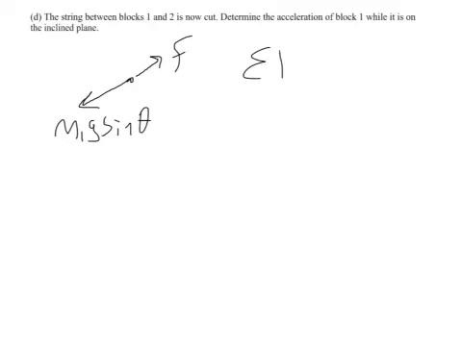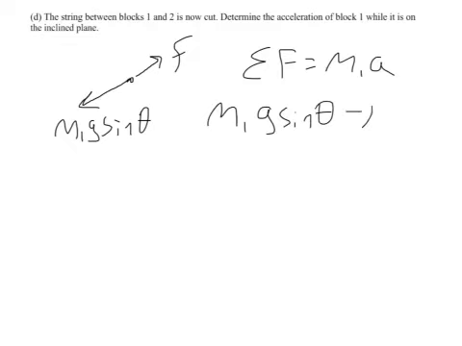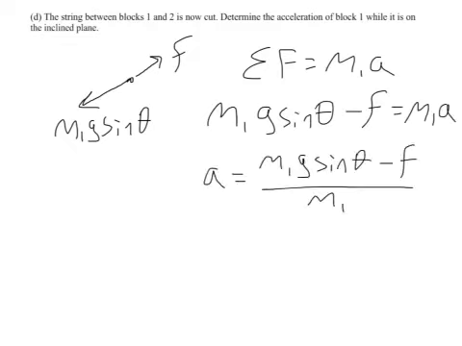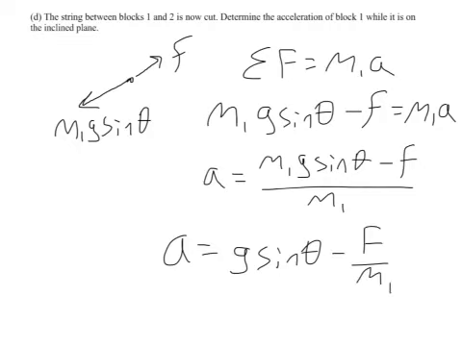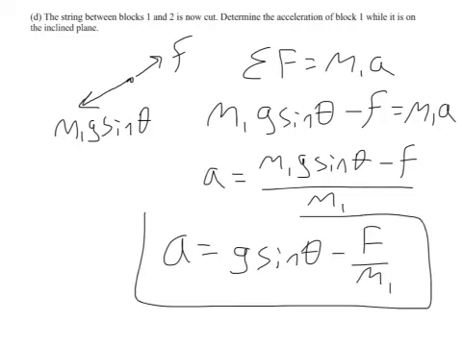And our net force now is going to be m1a. So our net force down the ramp, m1g sine theta, minus that frictional force equals m1a. And we end up with g sine theta minus F over m1. There is our final answer.